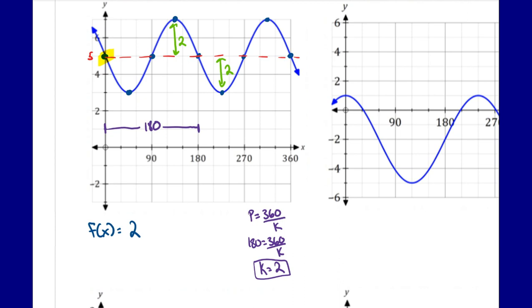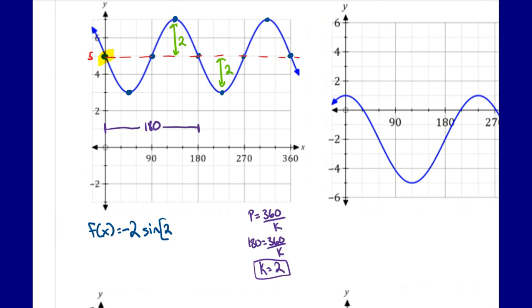Has my sine wave flipped from the original? Well, our original sine wave is supposed to move up, go up to a maximum, and then come back and go down to a minimum. This one starts off by going low and then high. So that means there is a flip. So I can use -2 for my A value. I'm going to have sine. Now I need my K value, which I already predetermined was 2 because there are 2 sine waves per 360.